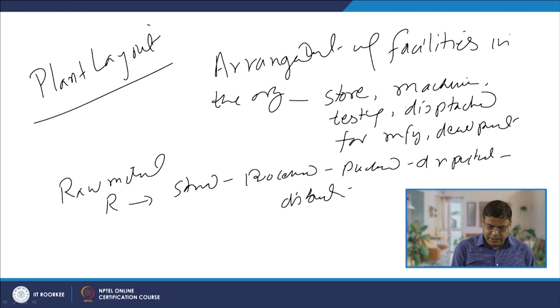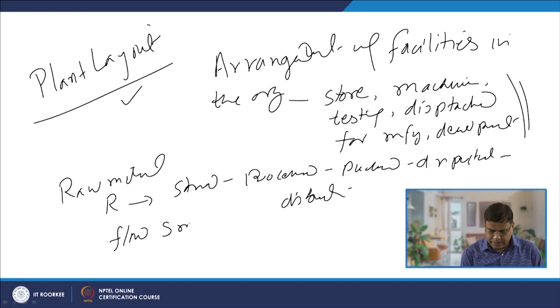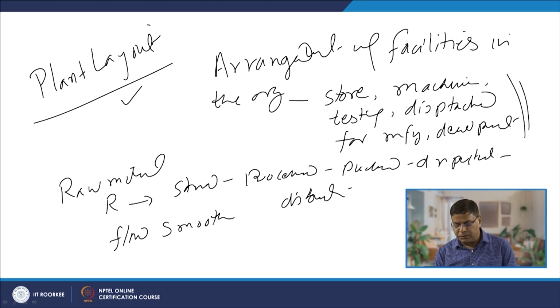So, this arrangement of the facilities within the plant is identified under plant layout. The main goal here is that the flow of the raw material or the flow of information is smooth in the course of production of goods and services.